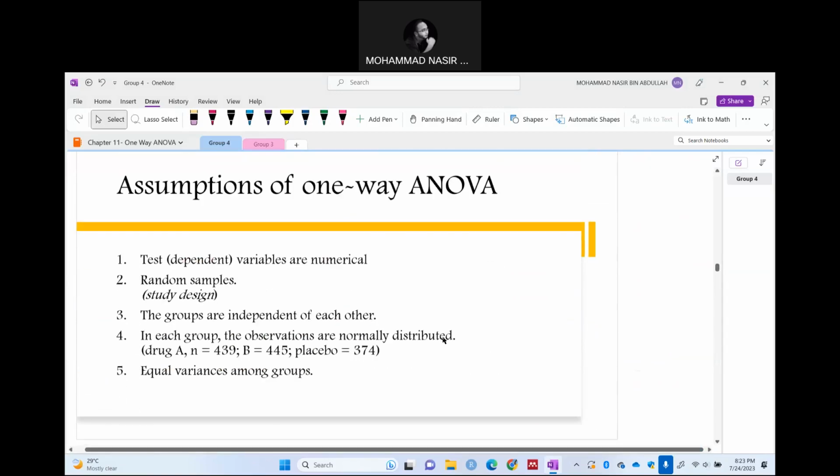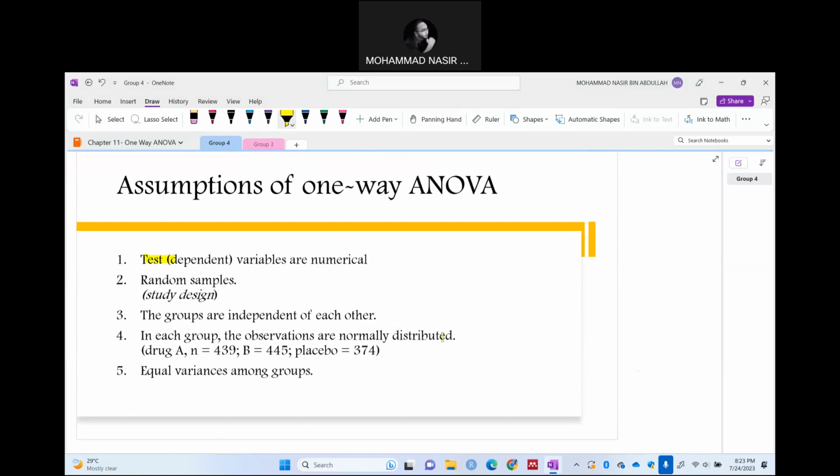So these are the assumptions of one-way ANOVA. The dependent variable should be numerical, right? And it should come from a random sample, right? And the groups are independent of each other, meaning that they are not related. So in each group, the observations should be normally distributed, right? For example, drug A should be normally distributed, drug B also normally distributed, placebo also normally distributed.